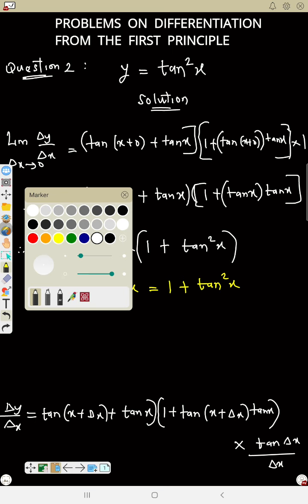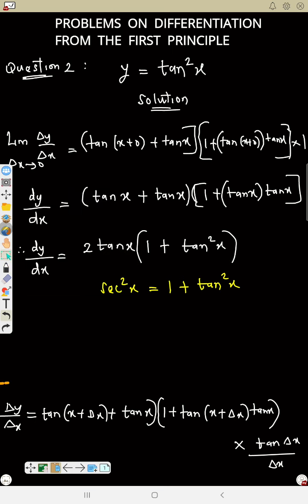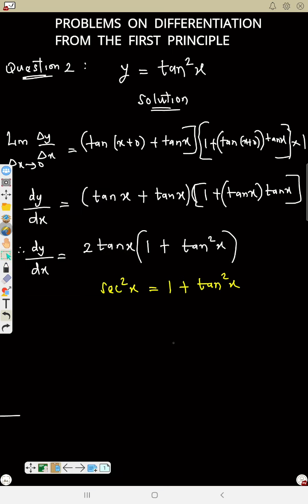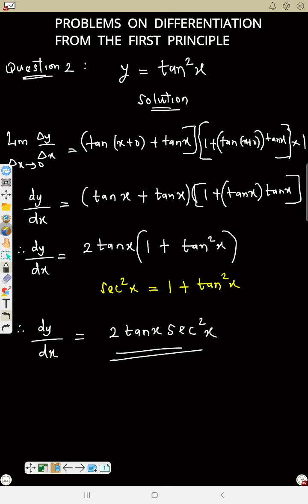So that is the identity I will use now. So I can say dy over ds is equals to 2 tan x. Now 1 plus tan square x becomes sec square x. So we have differentiated, and the answer to this question is this.